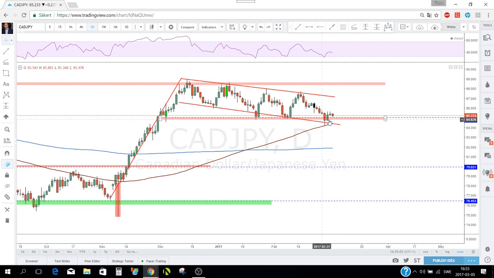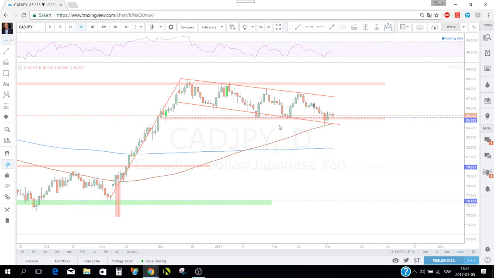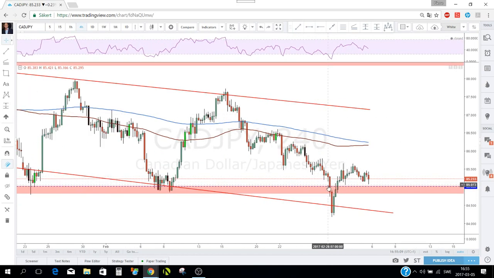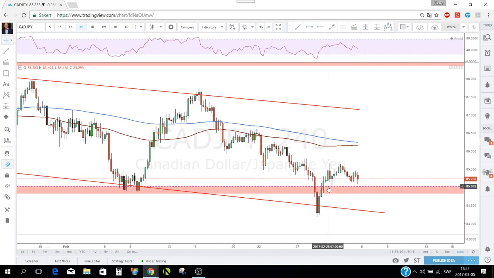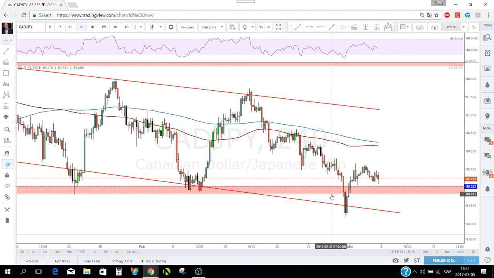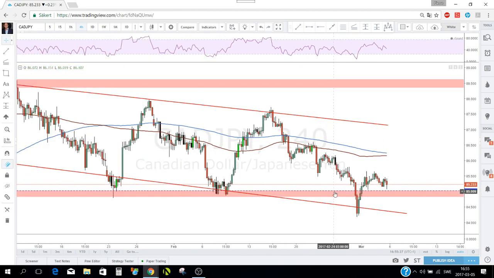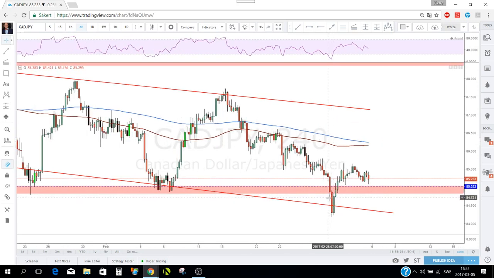I was watching this level last week, and when price started heading to this area, I was ready to see some bullish evidence. But as you see, the break was very strong to the downside, and that break was strong enough to make me think we were not going to see a bounce.